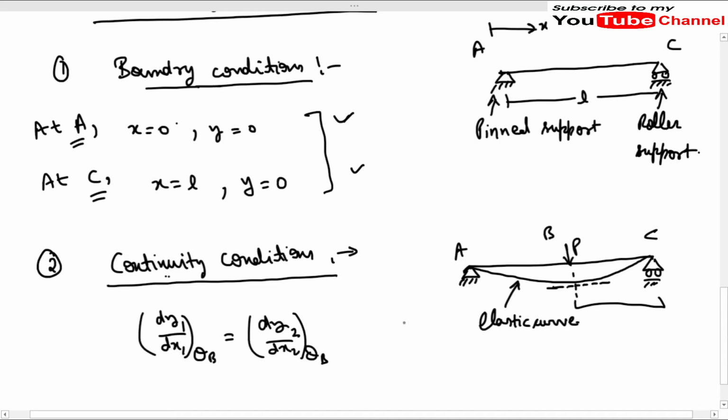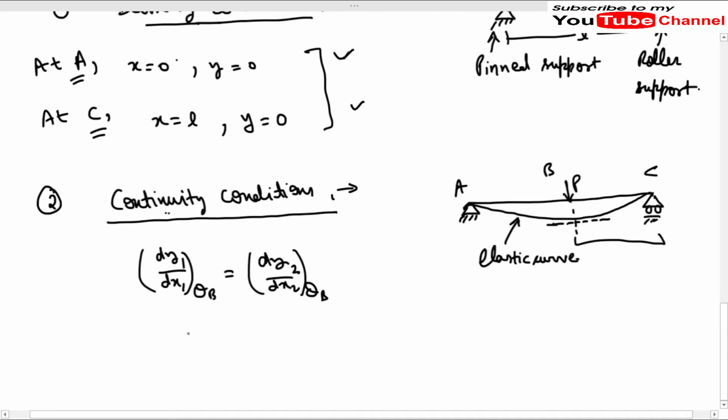And the other condition will be that the deflection should also come out equal from both sides at B.